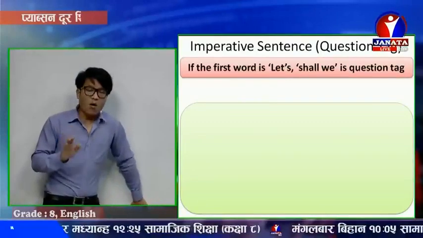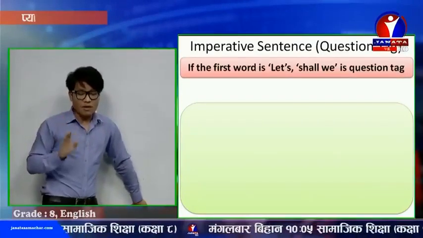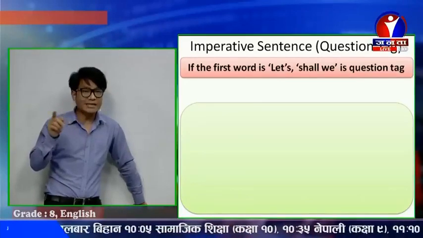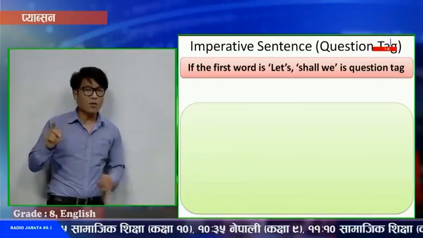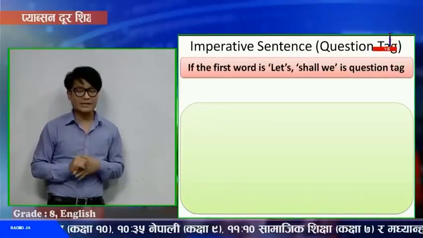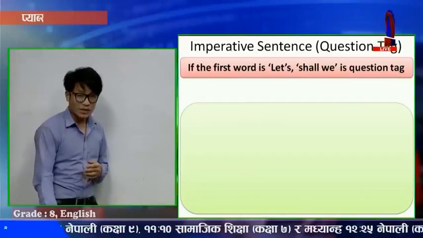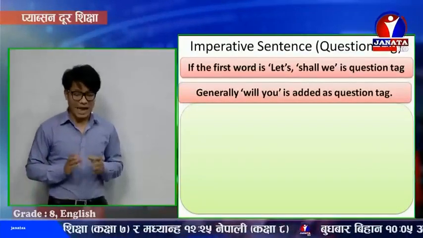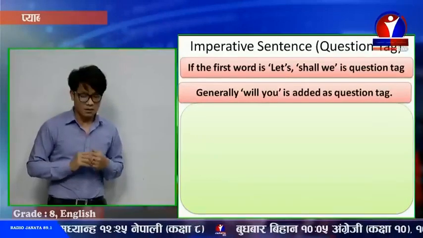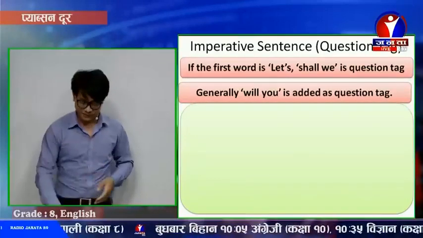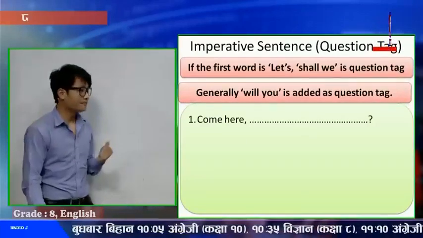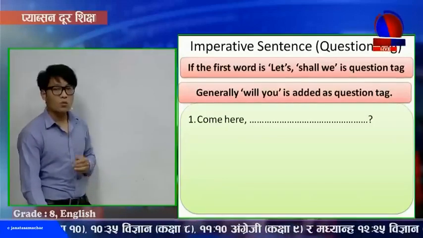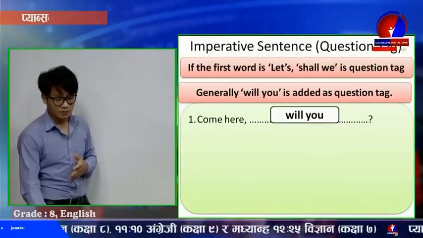If the first word is let's, shall we is the question tag. Generally, will you is added as the question tag in an imperative sentence. So let's have a practice. Come here: obviously the question tag is will you.